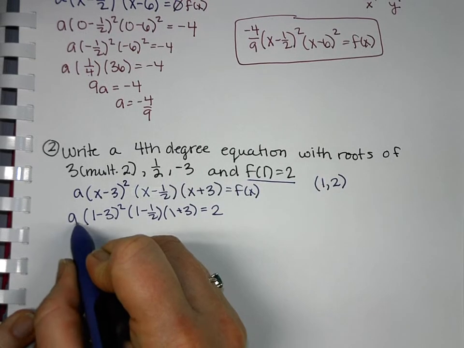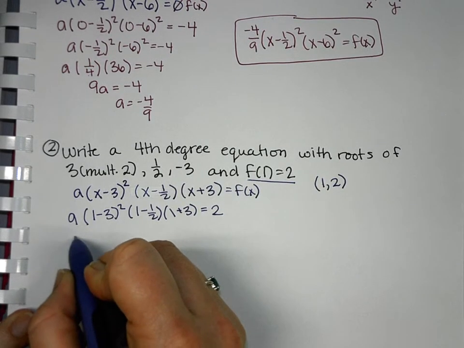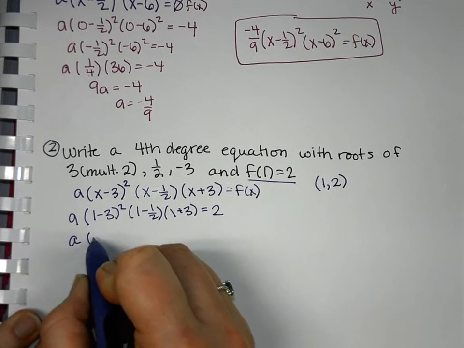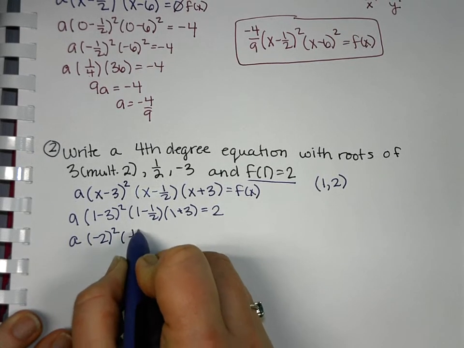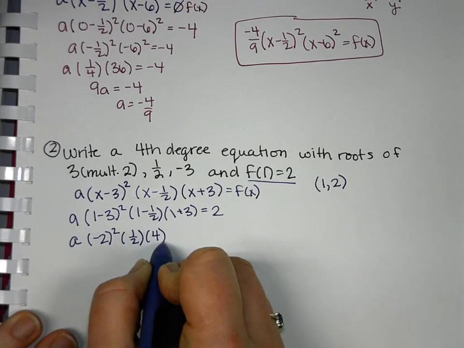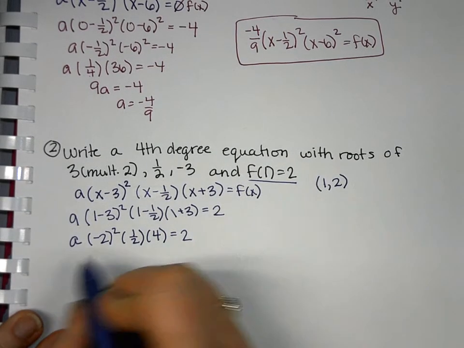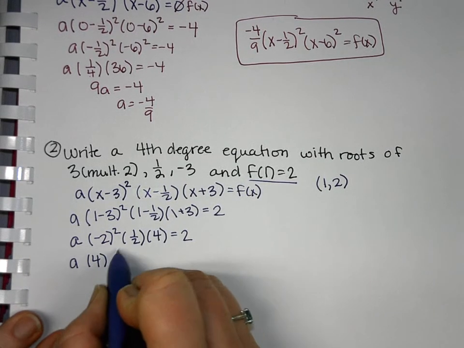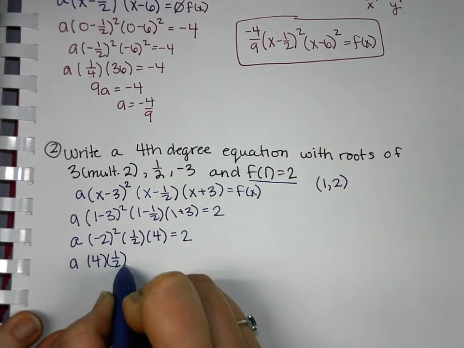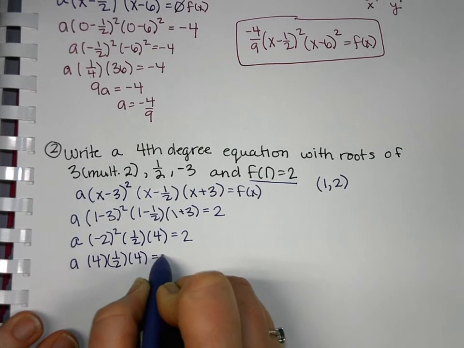Here we'll have a times negative 2 squared, 1/2, 4 equals 2. So negative 2 squared would give me a 4, times 1/2 times 4 equals 2.